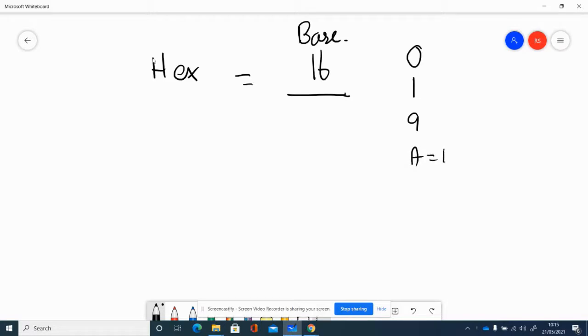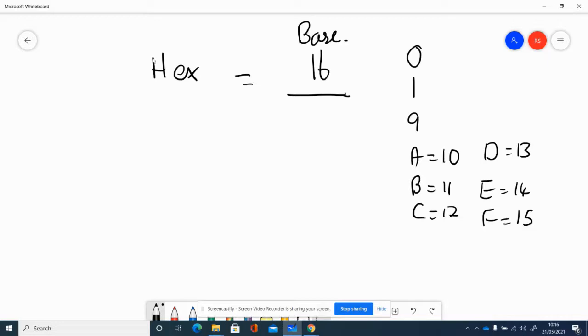So A becomes 10, and we use B for 11, and C for 12, D for 13, E for 14, and finally F for 15, because we've now got 16 symbols, F being 15, and we've still got 0, so 0 to 9 and A to F. So when you're doing a question in the exam, I always think it's better to just write down this table like this to say, I've got A's 10 and B's 11, and I know we could just remember it in our head, but actually it kind of prevents us from making mistakes.